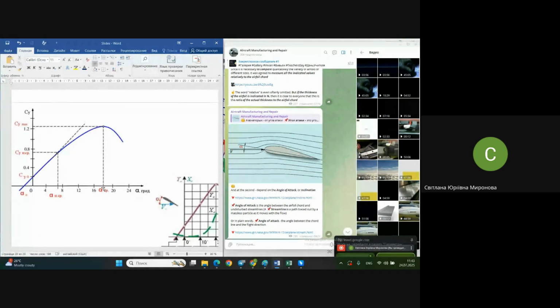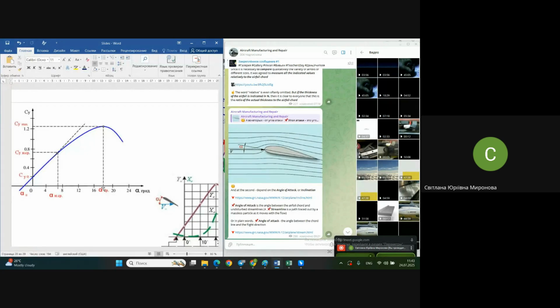A real airplane is not an ideal object that we may imagine and simulate in a computer system. A real airplane may have different friction on the surface in different places of the wing, just because of different coating, for instance, different ways of manufacturing, and different weather conditions whatsoever.